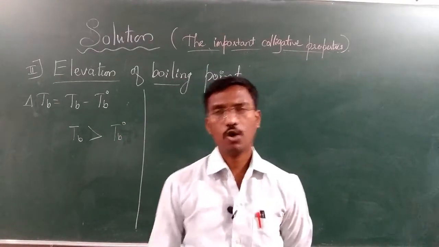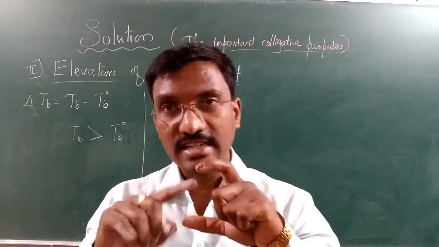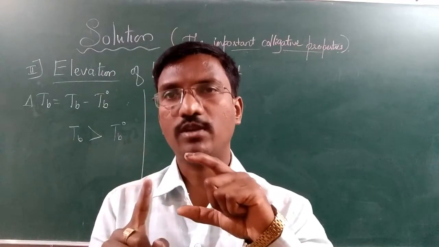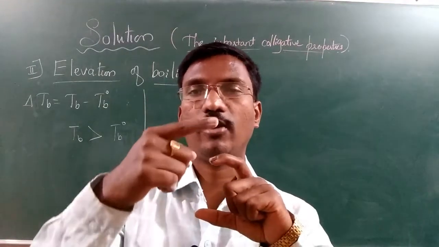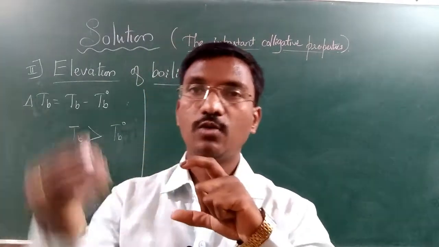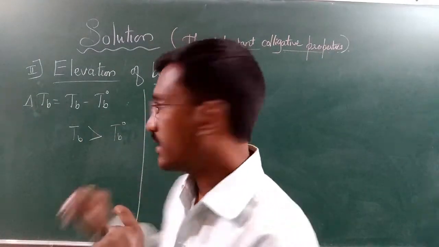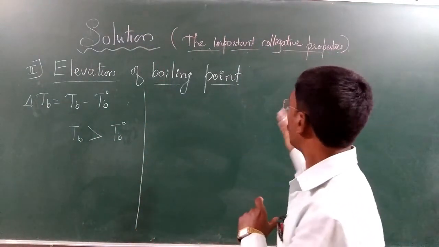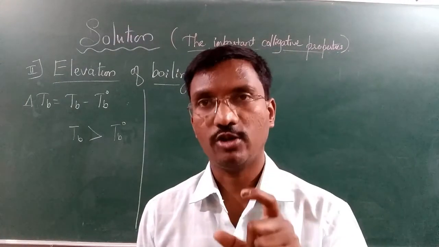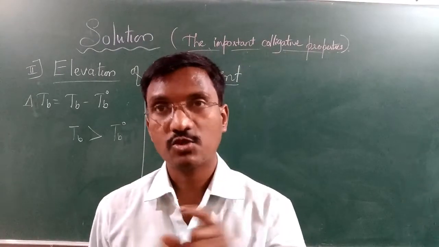As I said in yesterday's class, water can easily be converted into vapor because it is a pure form. At 100 degrees Celsius it easily converts into vapor. Whereas when we add some solid, particularly a non-volatile solid, because colligative properties correlate only with non-volatile solids, which is why we develop the molar mass of non-volatile solids only.